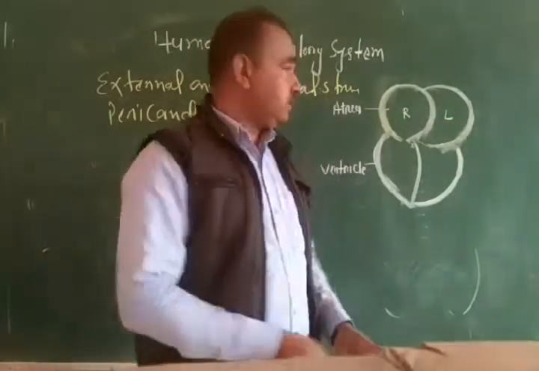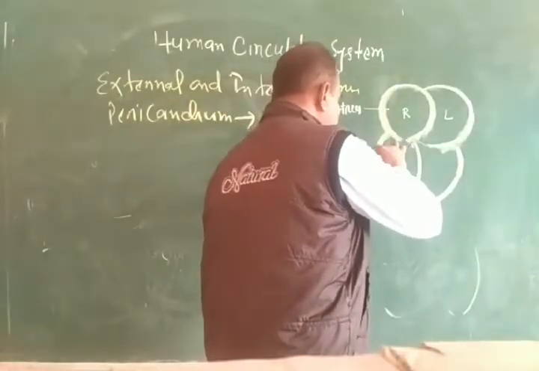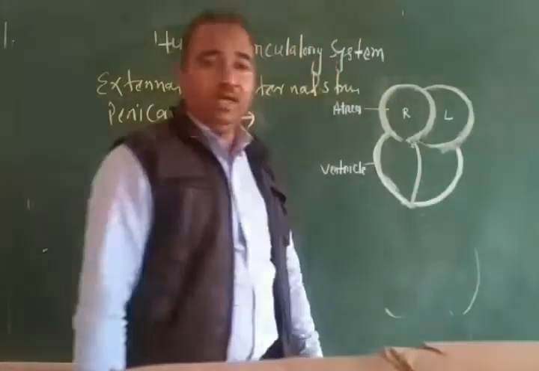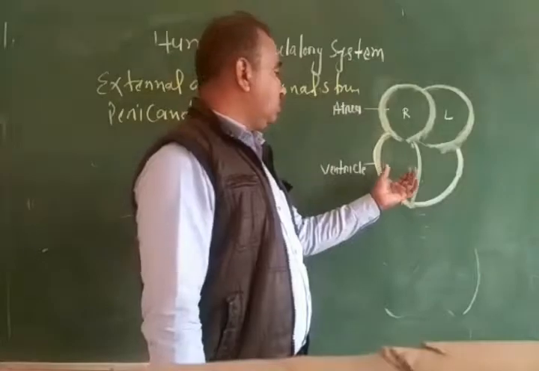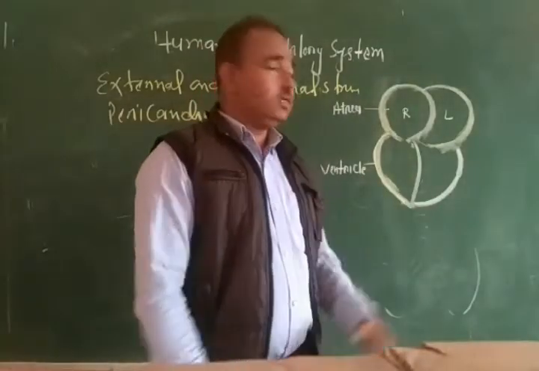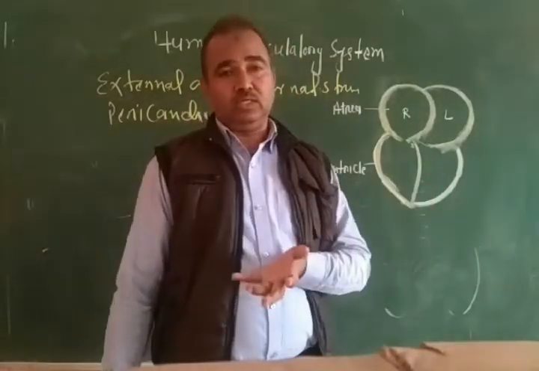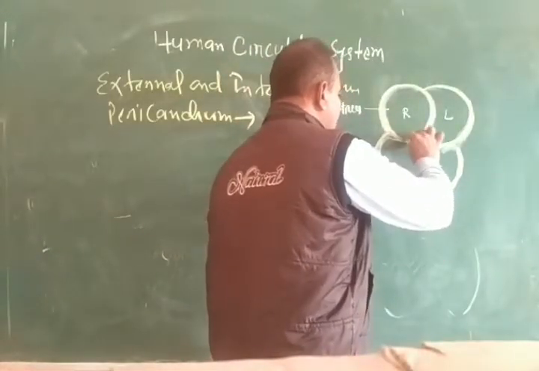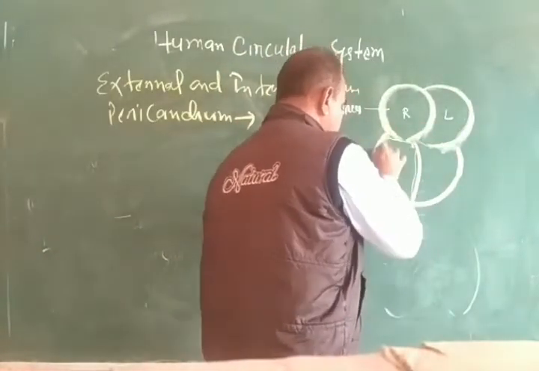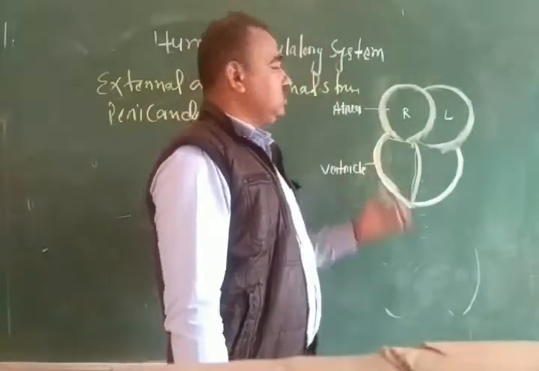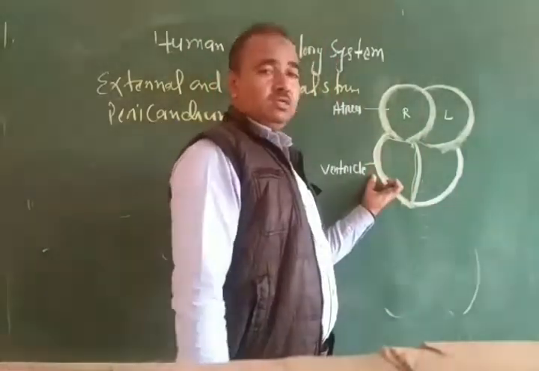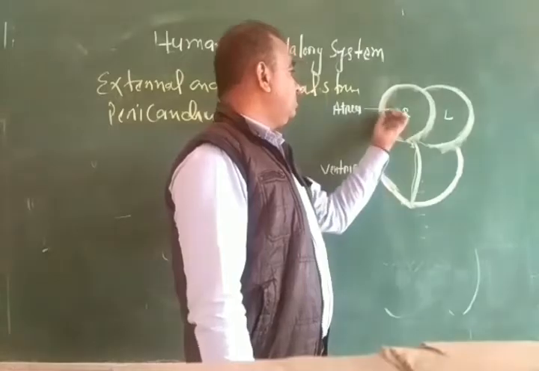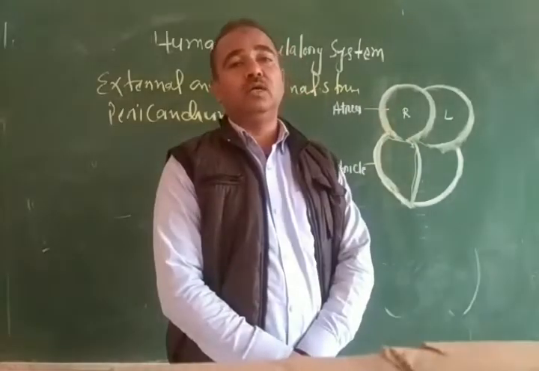The upper chamber wall is thin as compared to the lower chamber. It is also a hollow, membrane-bounded structure; this is the thick muscular structure, and this is the thin muscular structure.